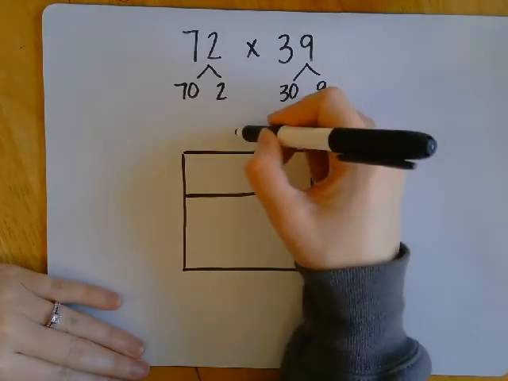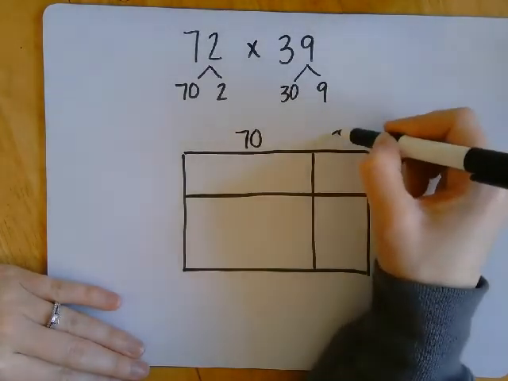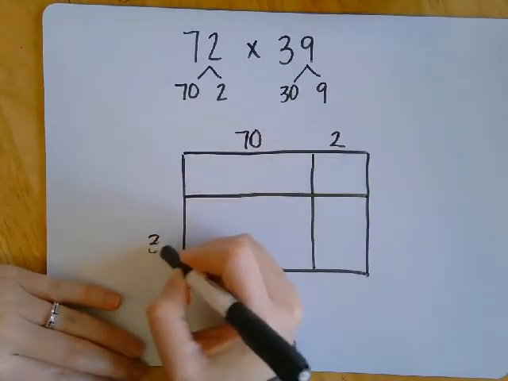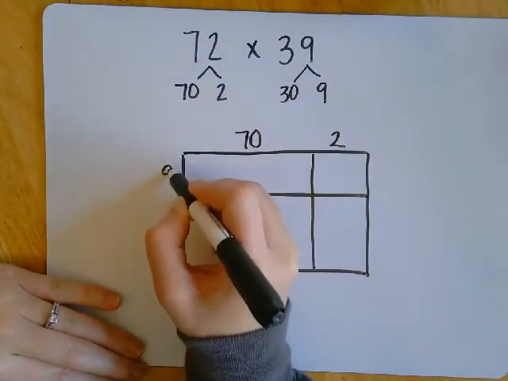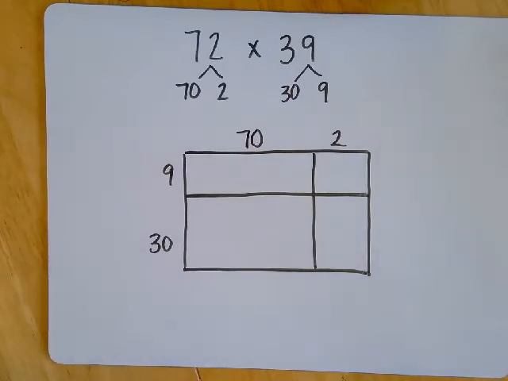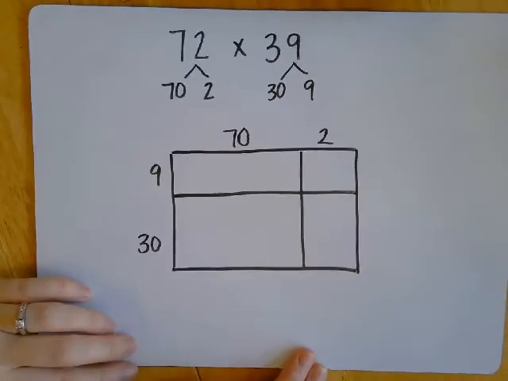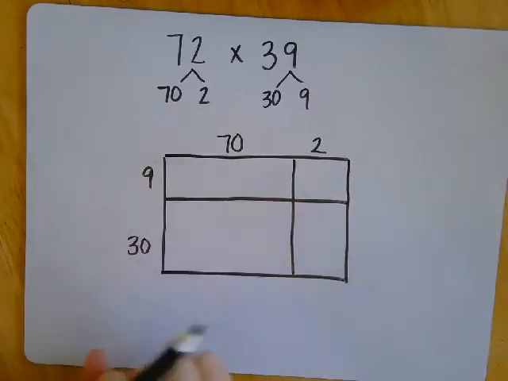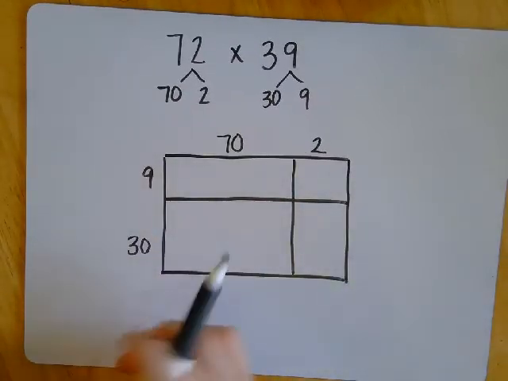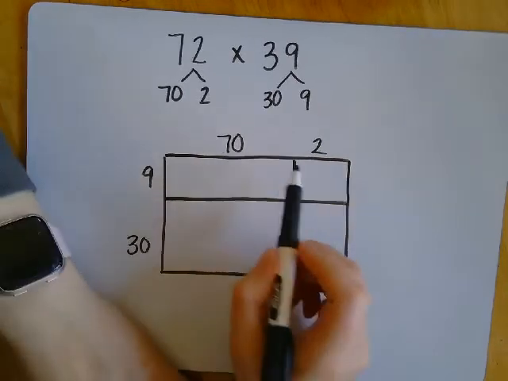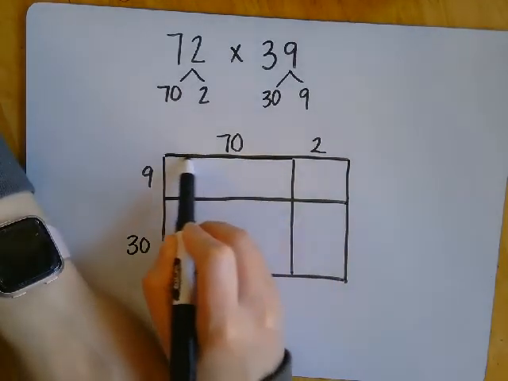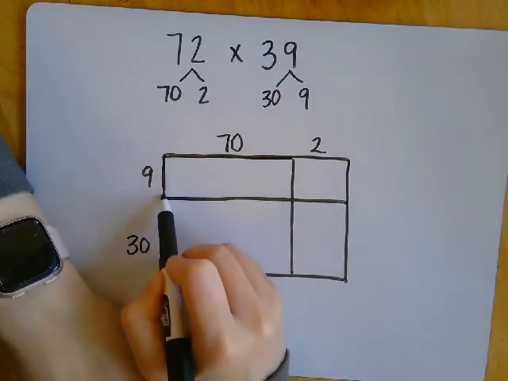I'm going to put 72 up here, 39 along the side here. Just like the first one, I'm going to go through and label each of the areas and then solve for them. So this first area is going to be 70 times 9.